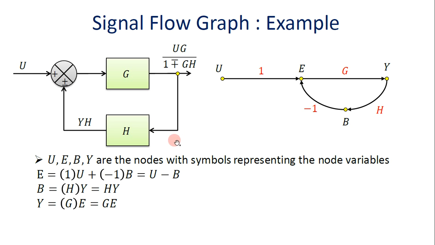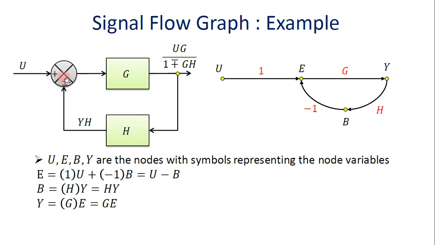First, identify where the branch points and summing points are. This is a simple representation of a closed loop system. This is the input, this is the summing point, this is the branch point, and this is the output.